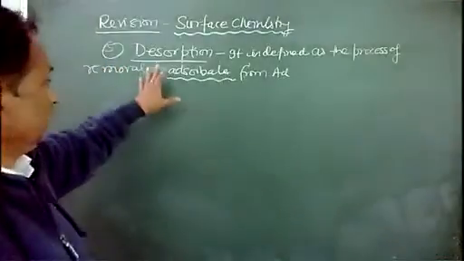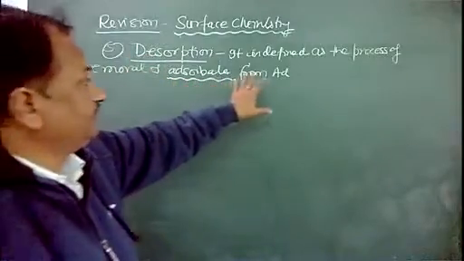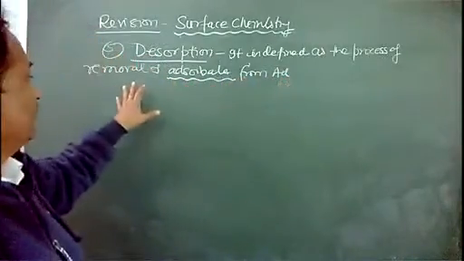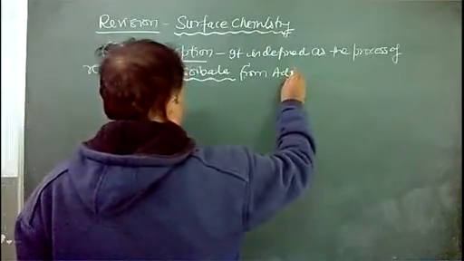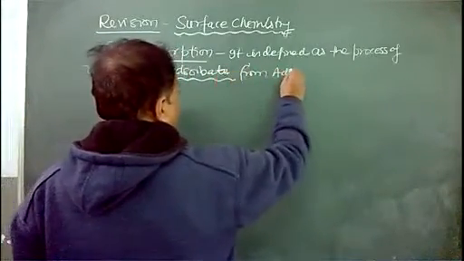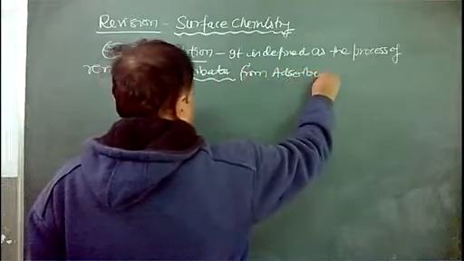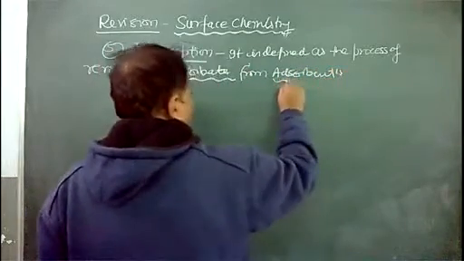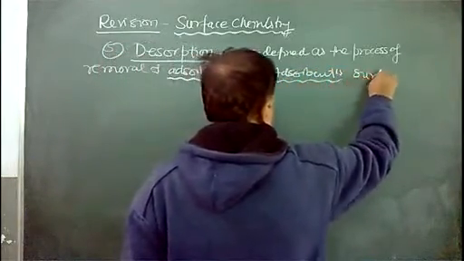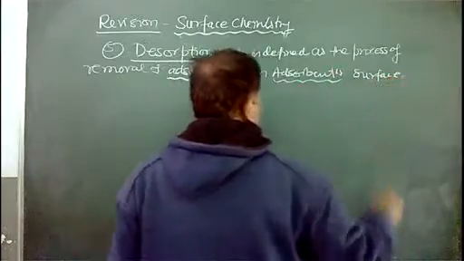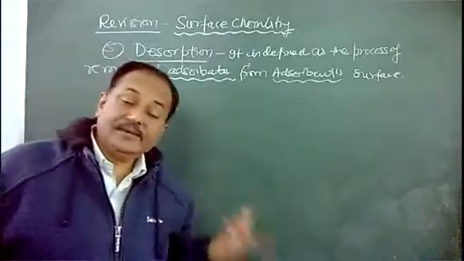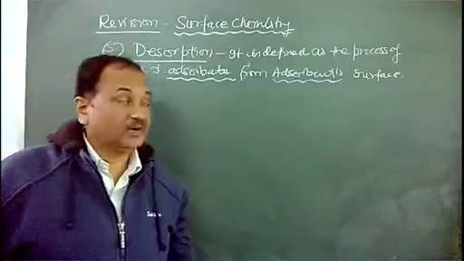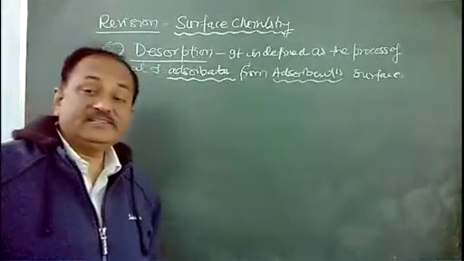So children, desorption is the next point, and it is defined as the process of removal of adsorbate from the adsorbent's surface. So it is the process in which adsorbates are removed from the adsorbent's surface.